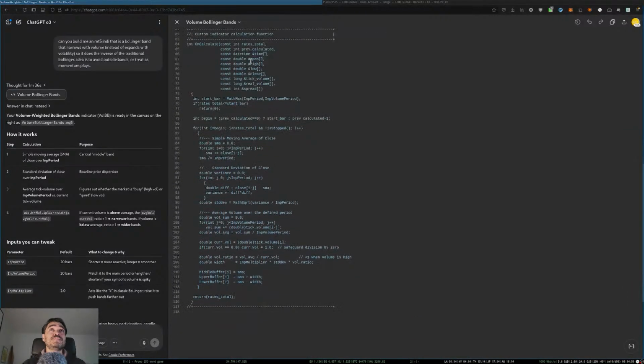Let's see here. Oh, it's dead simple. Simple moving average of close. Standard deviation of close, that's the standard deviation calculation. That's normal, quite short. Average volume, so it's working out the volume over the period. It's averaging the volume. Okay, that should be fine, because we could take it per bar, but we can set the period low if you want to test that. And then tick volume.